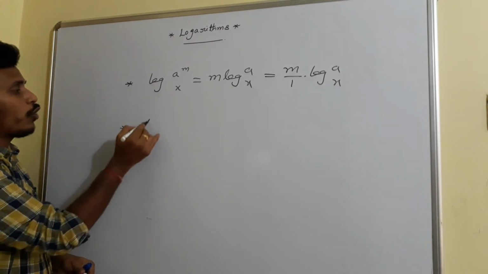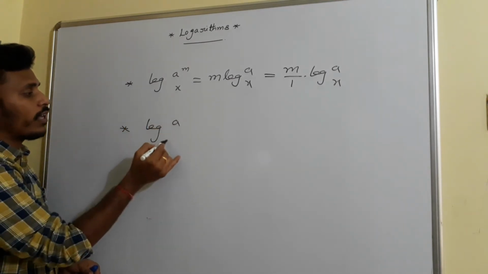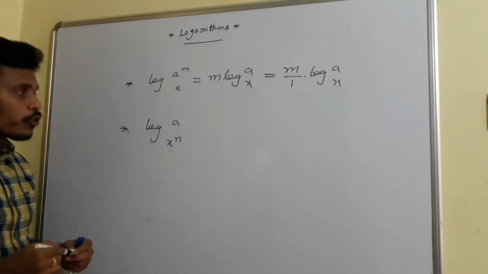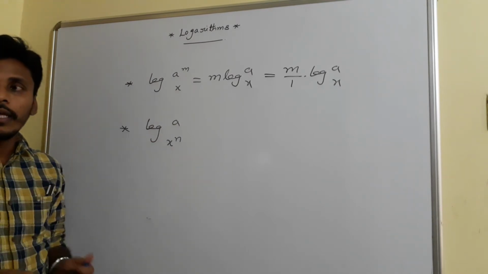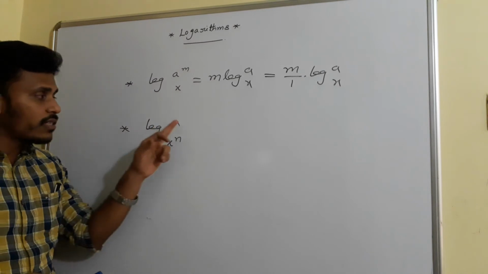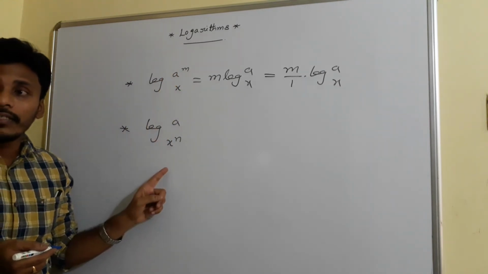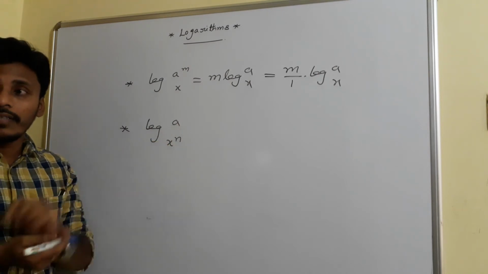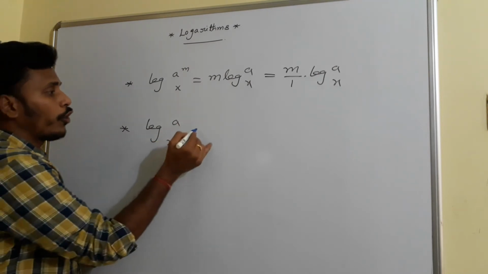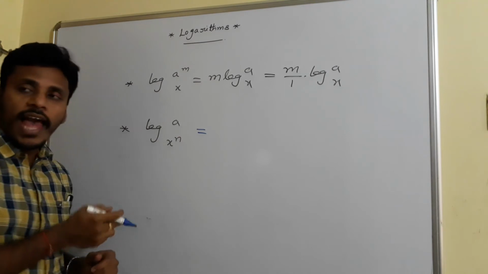First, suppose I need to simplify logarithm of a base x power n. Just observe the difference between those two things. This is a power m base x, whereas this is a base x power n. There it is a power m and here it is x power n. Logarithm of a base x power n. To simplify this, already we have a law.